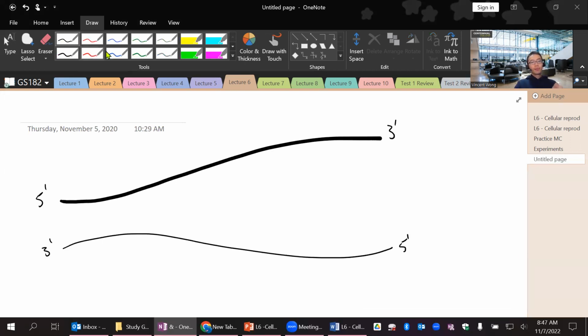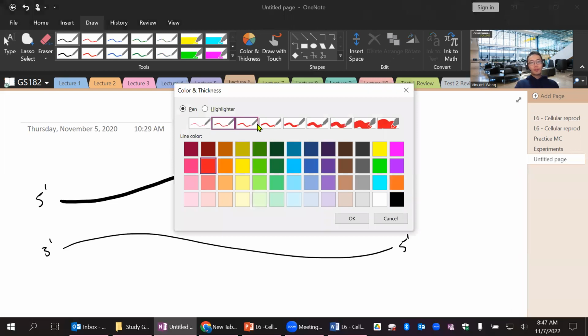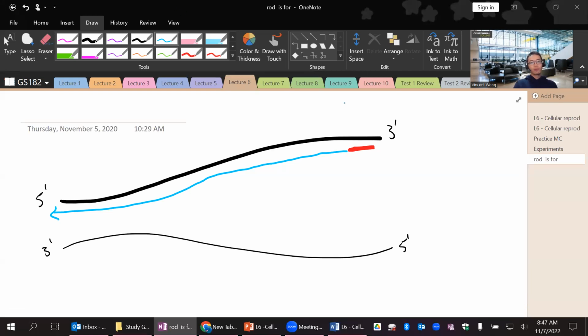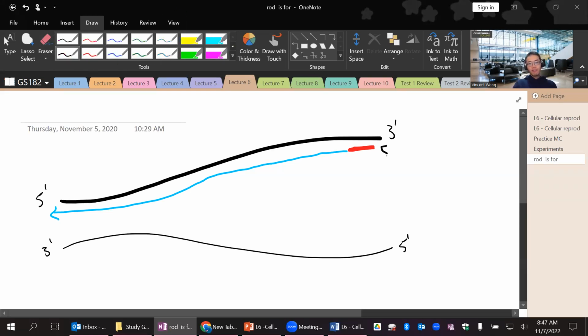Now, same story as before. We're going to have primer 1 here, and then the new strand is going to synthesize all the way to the end like that. That's easy to understand, right? Because we are going from 5' to 3' on the new strand. So this is the leading strand, as you know already.